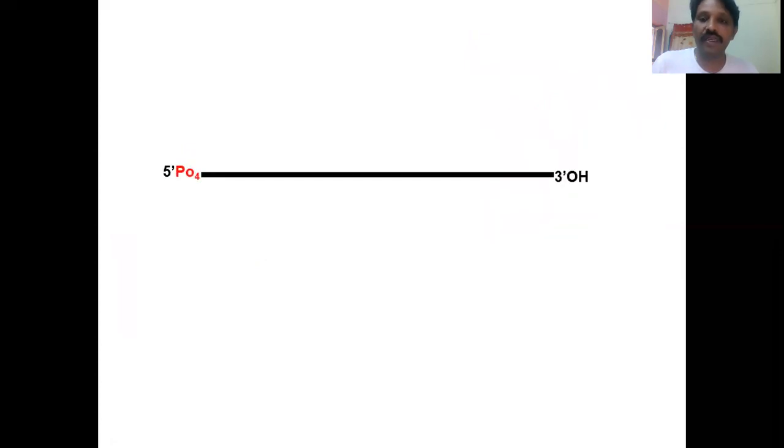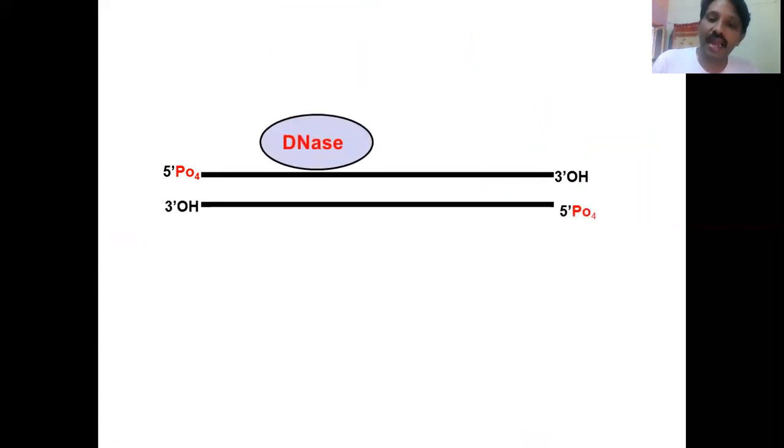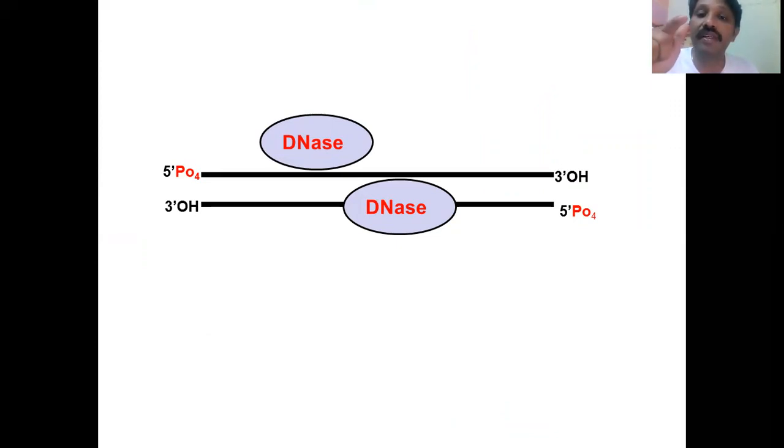Now we will see that DNase I acts on single strand DNA molecules as well as double strand DNA molecules, right? It is an endonuclease, so it can cut within the DNA, with non-specific cleavage of the phosphodiester bond. You see, all over the DNA it will cut.